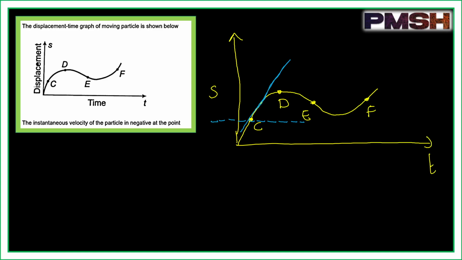So this is the tangent through the point C, and this is our horizontal line, HL. The angle is always measured from the horizontal line to the tangent, in the anti-clockwise direction. An angle measured anti-clockwise is positive. So this angle theta C is positive. Therefore, slope at C will be positive. Therefore, velocity at C will be positive.